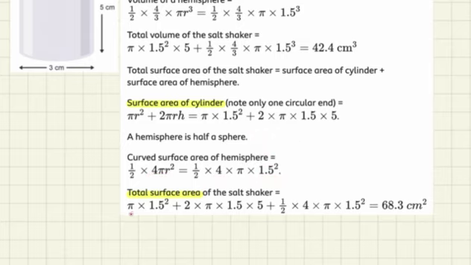The whole surface area is that of the cylinder plus that hemisphere. When you do that calculation, you should get something like this. Note that surface area is not cubed but squared.